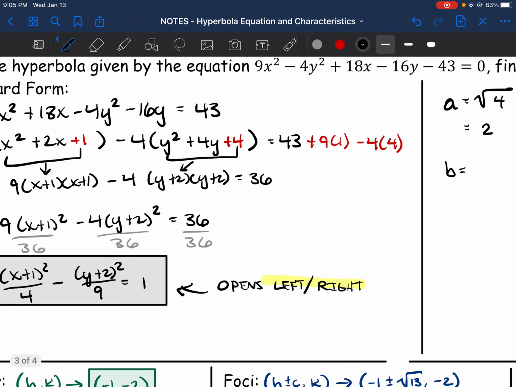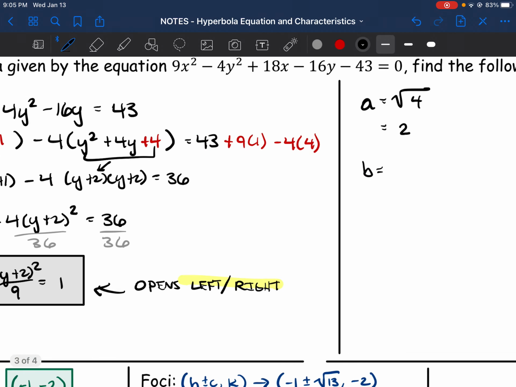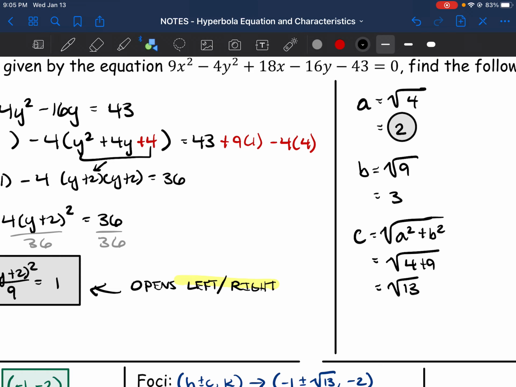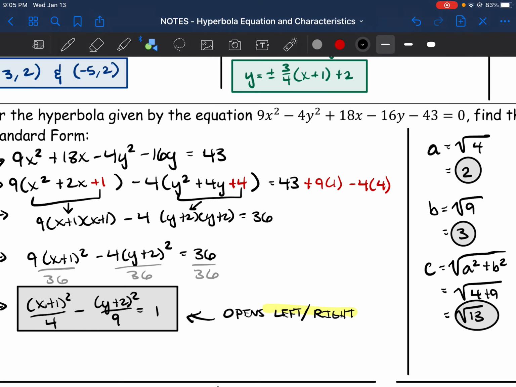B is the square root of the second denominator on the right side, so the square root of 9, which is 3. And then C will be the square root of A squared plus B squared, which will give us the square root of 4 plus 9, which is the square root of 13. So A is 2, B is 3, C is the square root of 13.